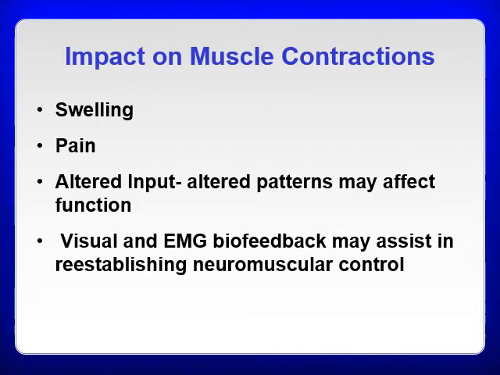In the case of EMG biofeedback, it's a device that gives the patient feedback on how much muscle contraction they're actually performing. That's a different type of modality, if you will, but we're going to discuss how you can use that.